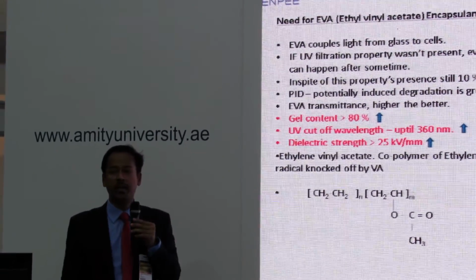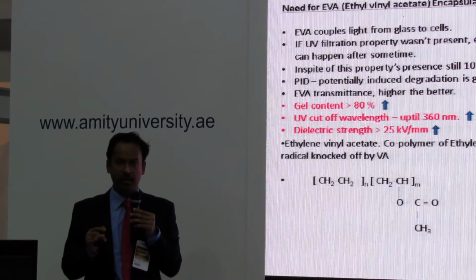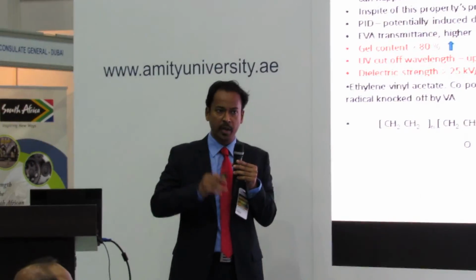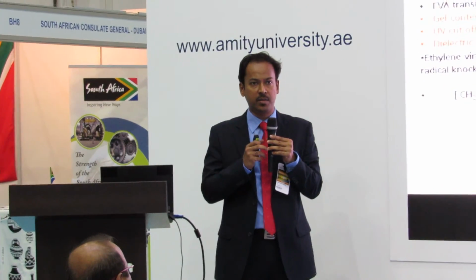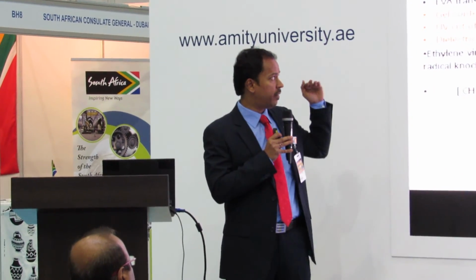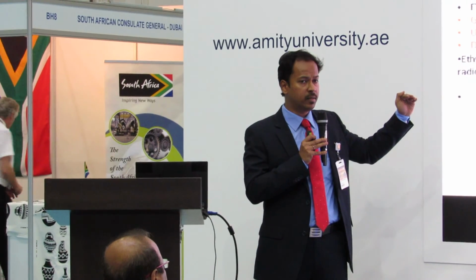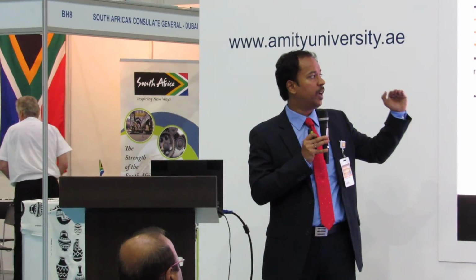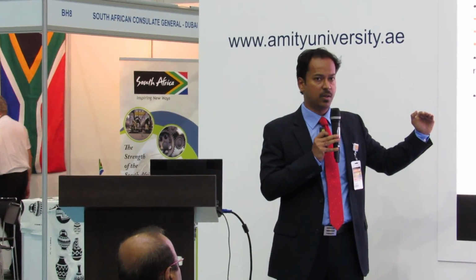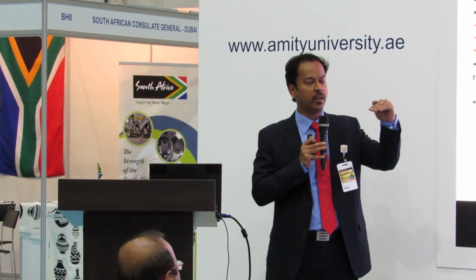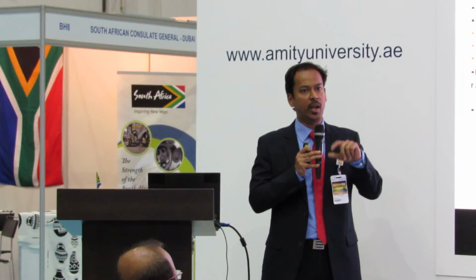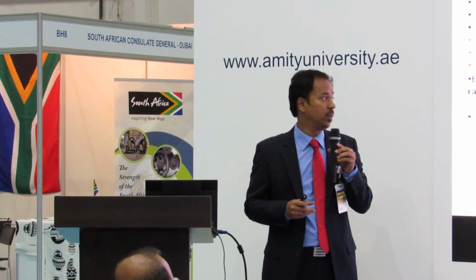It also does the filtration of the harmful ultraviolet rays. We of course need light to penetrate, but we do not need the harmful UV rays to go and harm the cells. So what we do is, we have an EVA encapsulant barrier which traps light up to a value of 360 nanometers. Beyond that value, whatever light rays go in, they convert light energy into electrical energy.